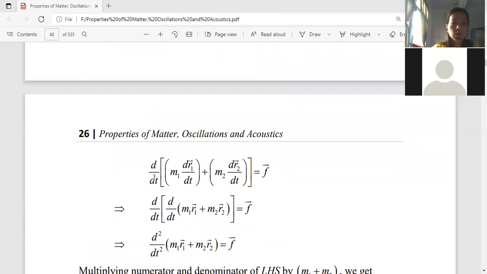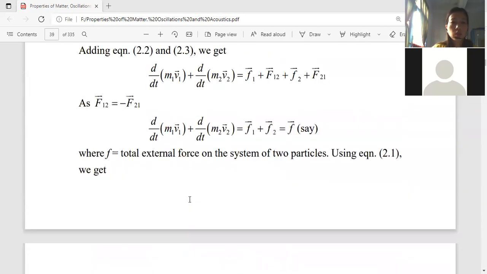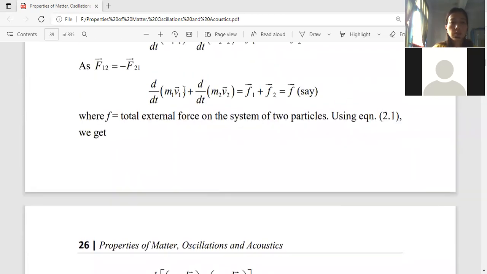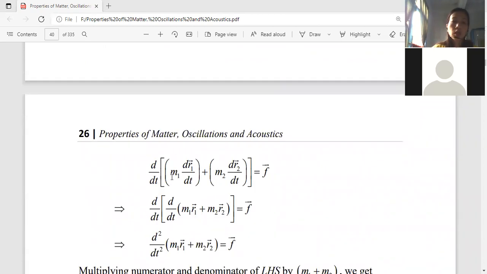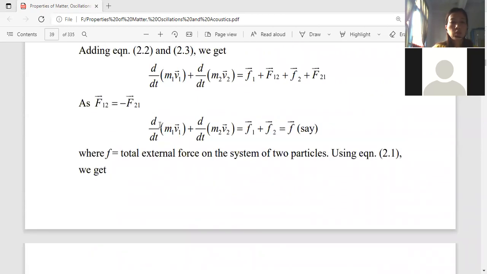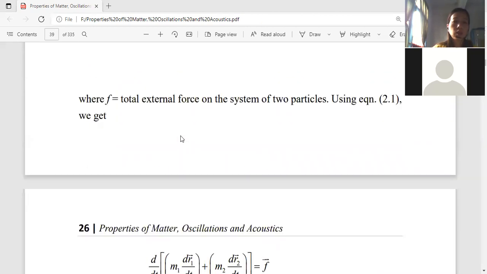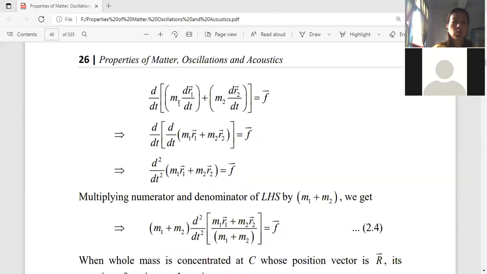We can differentiate using the uv formula, so we get this.